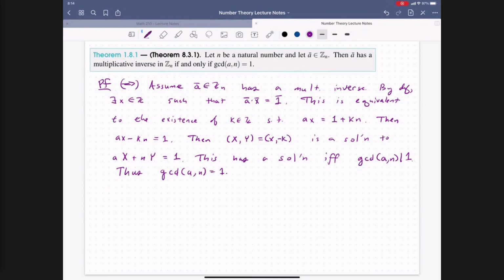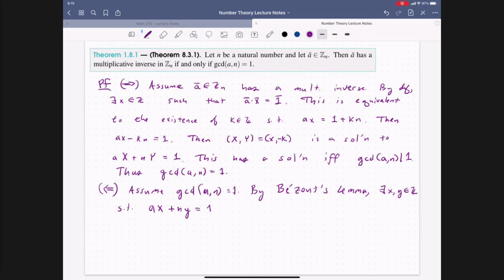Let's do the converse, the backwards direction. So now, assume the GCD of a and n is 1. By Bézout's lemma, there exist integers little x and y such that ax plus ny is equal to 1.